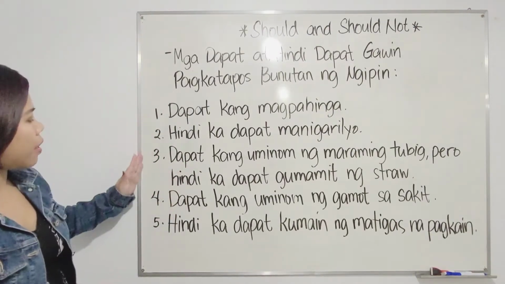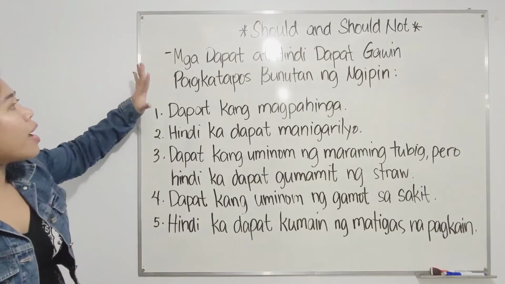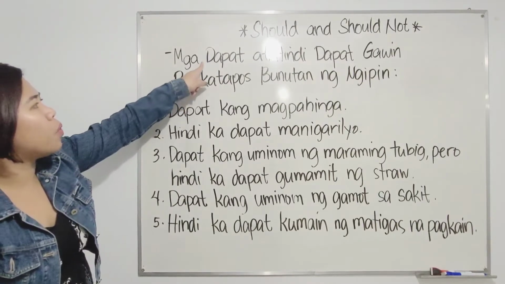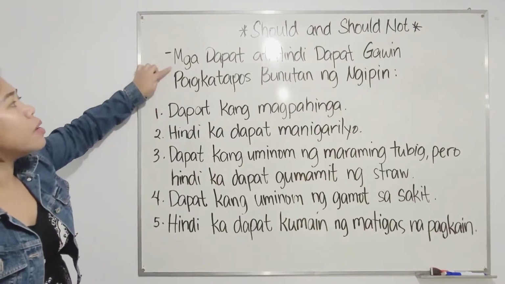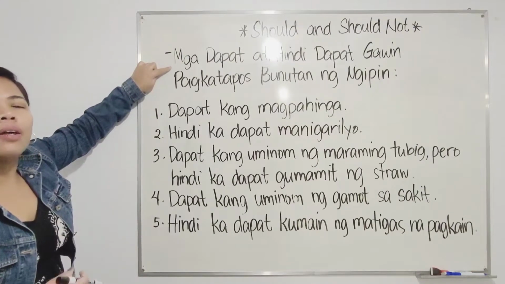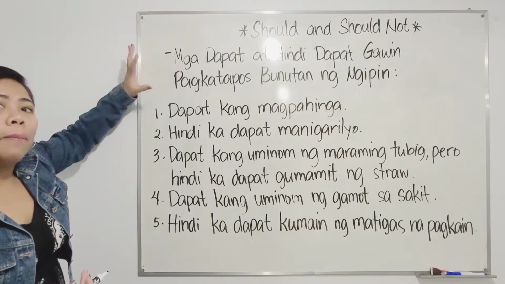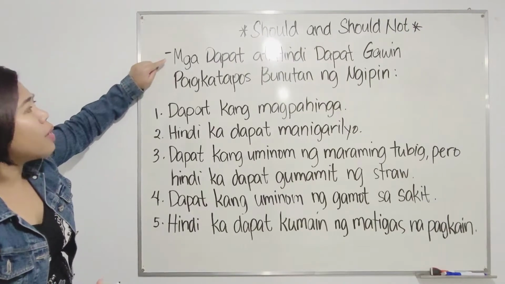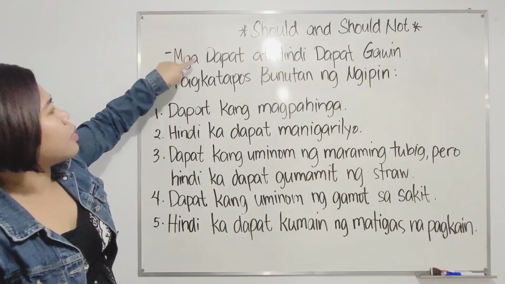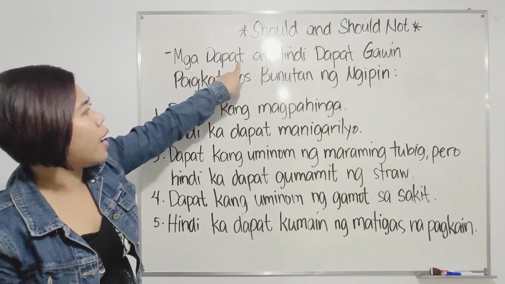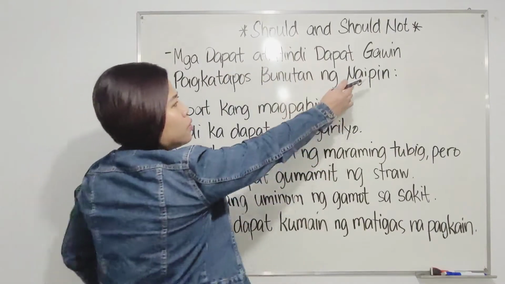So that's why we have 5 items here, because there are 5 things. We did not put the word things here, like 5 things or things that you should, because when we say mga, it's understood that there are many items. So things with S, things that you should and should not do.